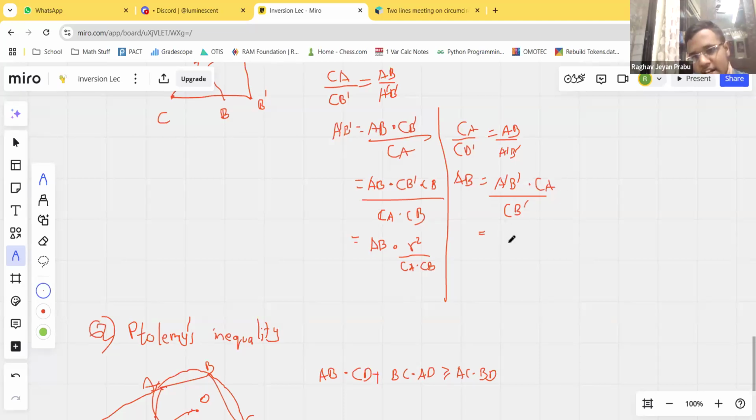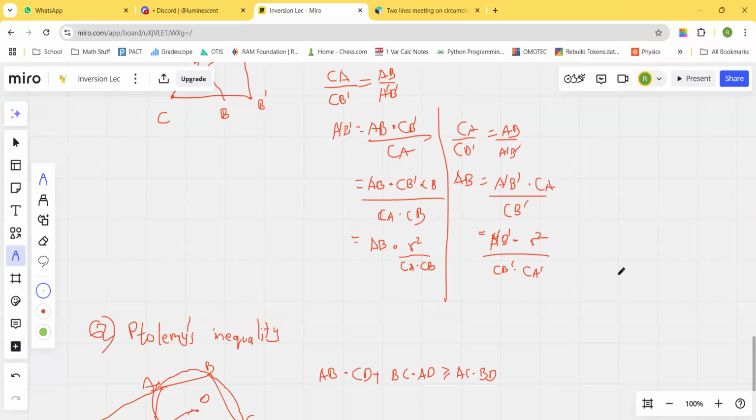So I'll multiply CA dash in the top and bottom. So then this will give us AB equal to A dash B dash times R square by CB dash times CA dash. This also works because then this is again the inversion formula applied to A dash B dash, because AB maps to A dash B dash and A dash B dash maps to AB. Does everyone understand why this is true? Or is there anyone who does not understand this?